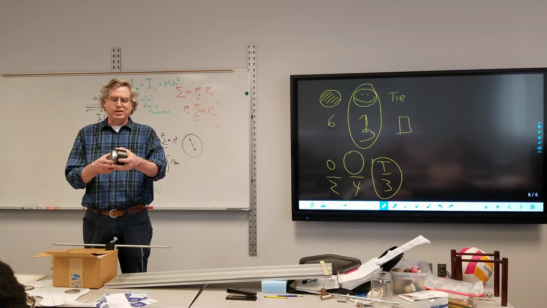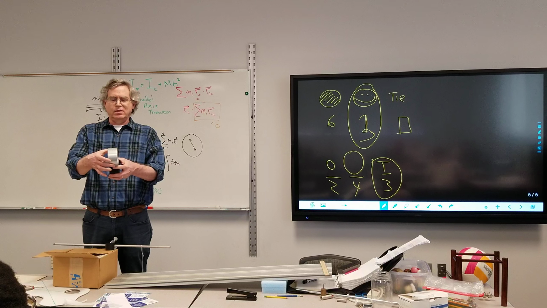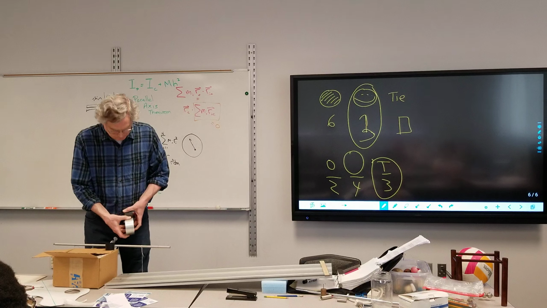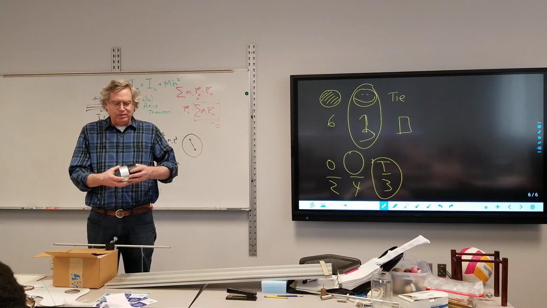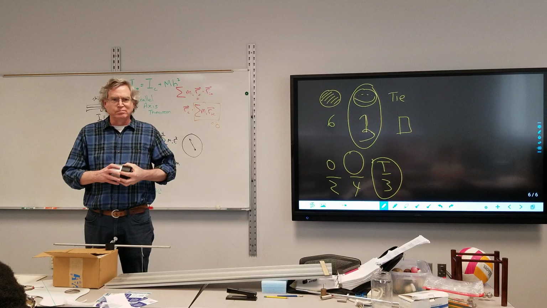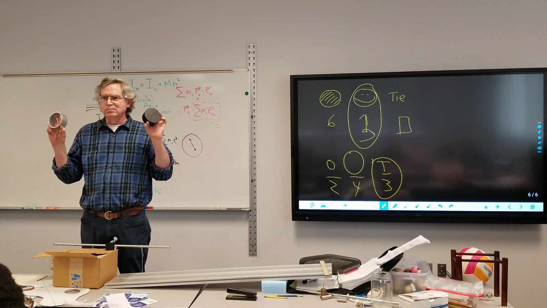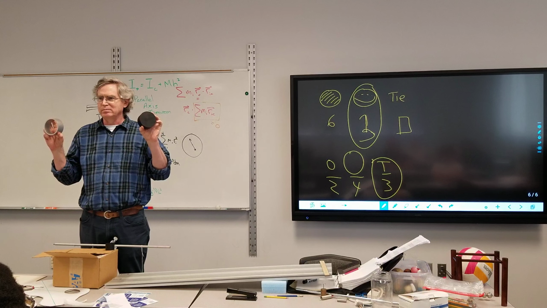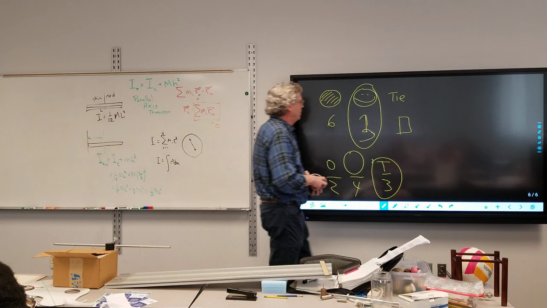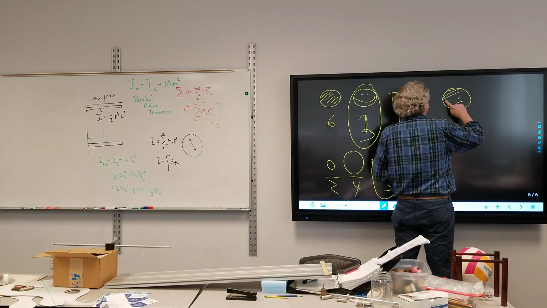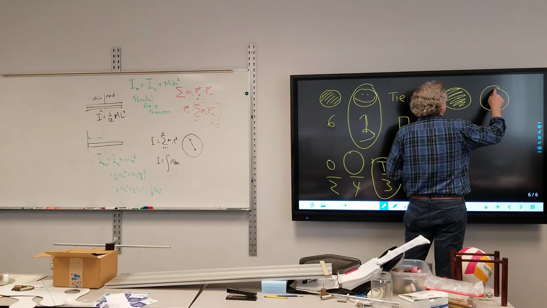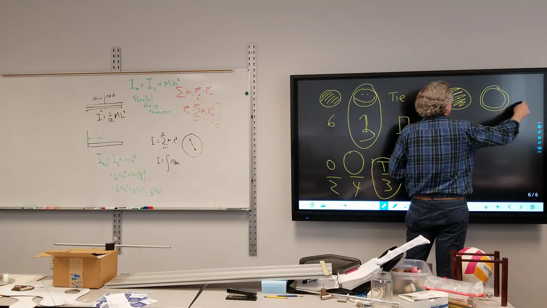Okay, what about these objects? It looks like about the same width. Same radius. Which one will win? So we have the disc, we have the hoop, and then tie.